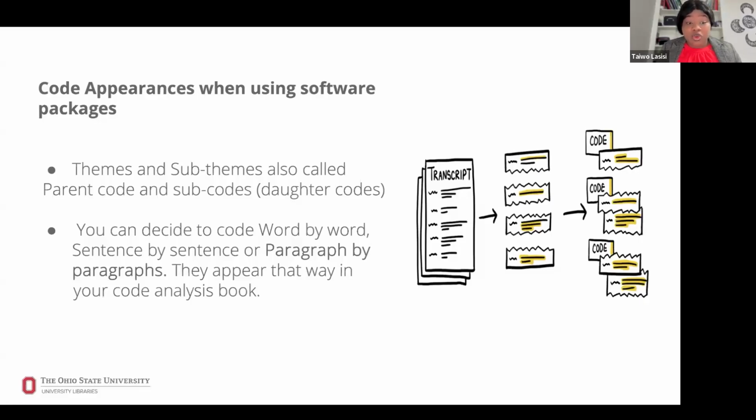For example, if you have your interview data already transcribed and you want to bring out the major themes, usually I code paragraph by paragraph. Sometimes I even do two paragraphs. You can code them paragraph by paragraph, and then they will appear that way in your code analysis book when you're done.